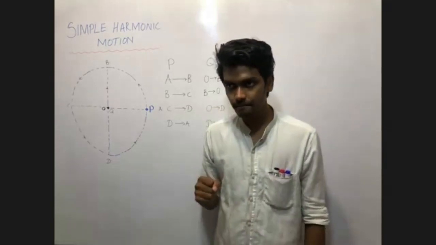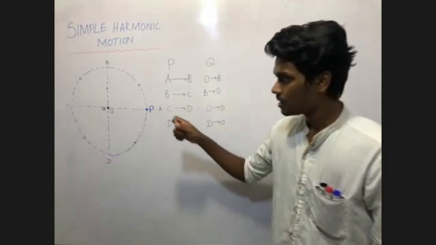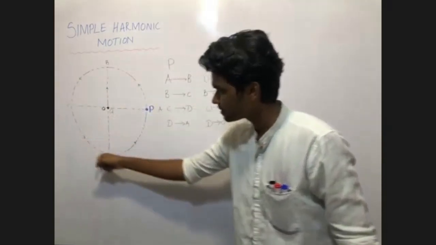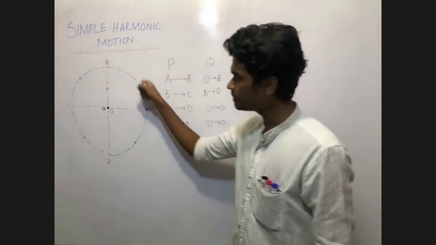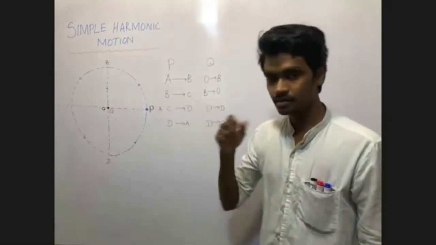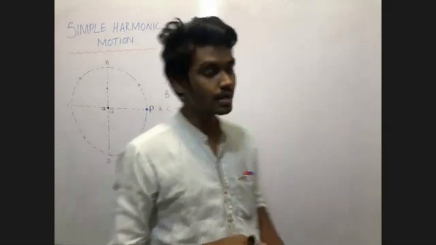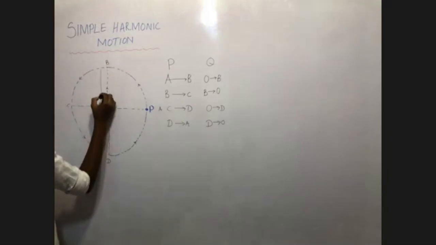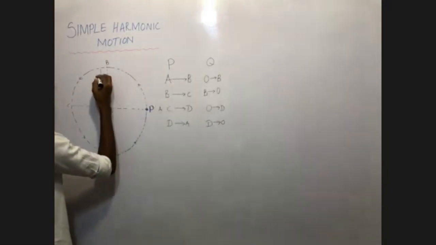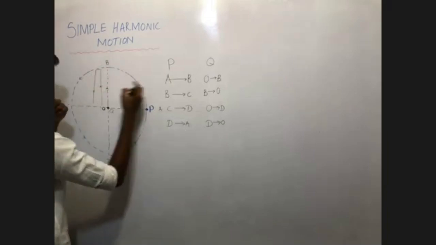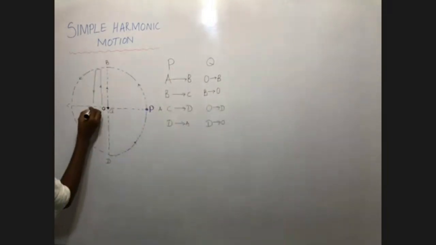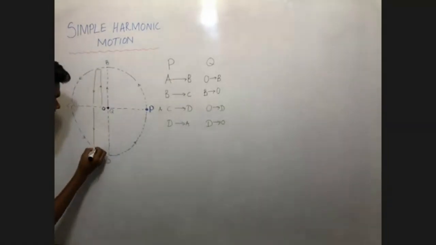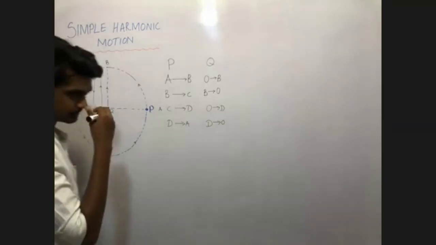So why did I do this? If you see this, when P performs a circular motion, what does Q perform? Q goes from O to B, once again returns back from B to O, once again goes from O to D, and returns back.